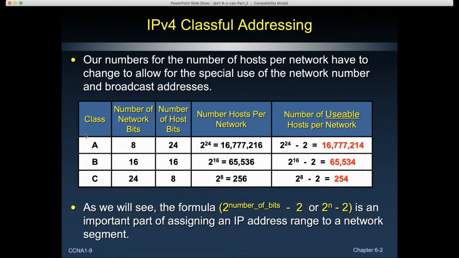The one with the 24 zeros I lose, and the one with the 24 ones I lose, for the network identity and the broadcast function. So I only have 16,777,214 addresses left over. For a Class B network, there are 16 host bits. So 2 to the power of 16 is 65,536. I only get 65,534 addresses that I can use.